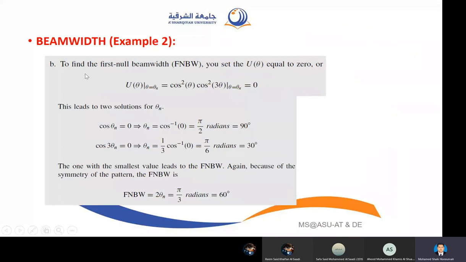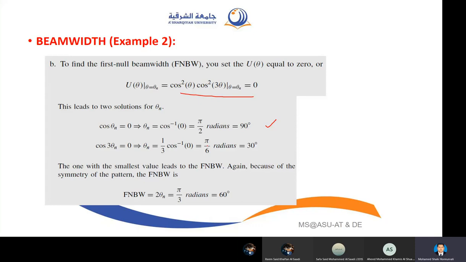Full null beam width is nothing but you will equate that equation to 0. So here you have two solutions. Cos square theta is equal to 0, so theta will be equal to cos inverse 0. Cos inverse 0 means 90 degrees. This is one solution. The second solution: cos square 3 theta is equal to 0. Theta will be equal to 1 by 3 into cos inverse of 0.